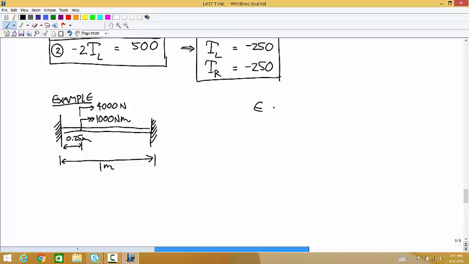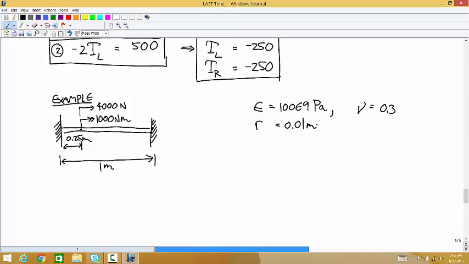So let's say that Young's modulus is 100 times 10 to the 9 pascals. Poisson's ratio is 0.3. And it's a circular cross-section with a radius of 1 centimeter.